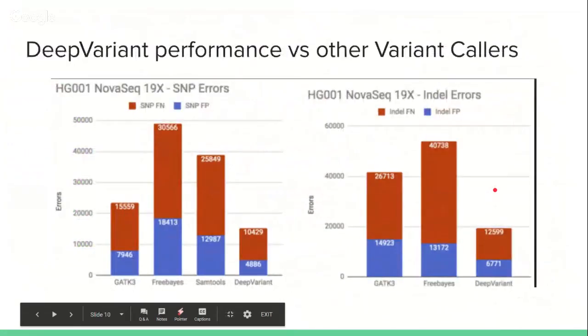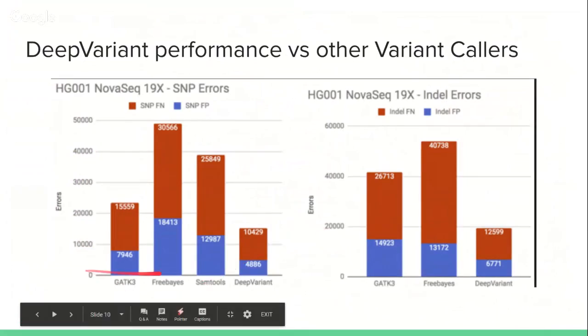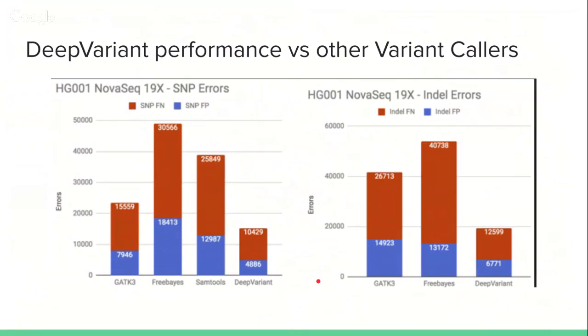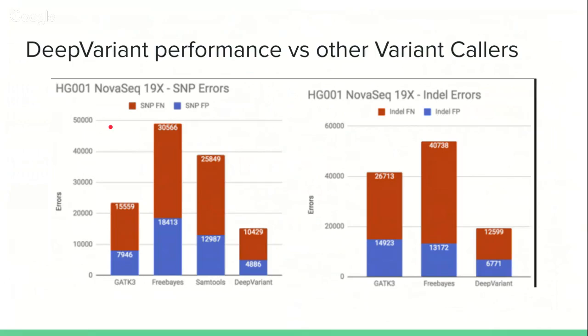How does DeepVariant perform versus other variant callers? Out of the list here, DeepVariant is the one that was developed the latest. And in this plot, we show NovaSeq data at about 20x for a reference individual called G001. And here we show the errors for false negatives and false positives, both for SNPs and indels.